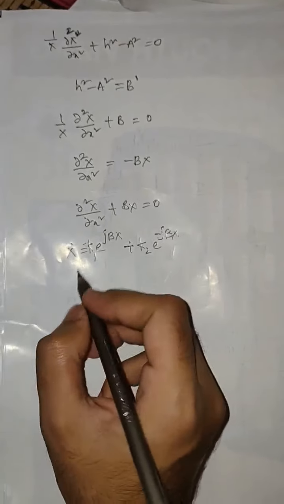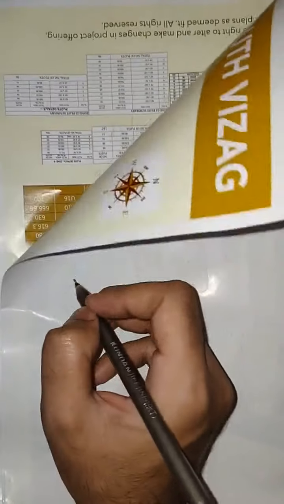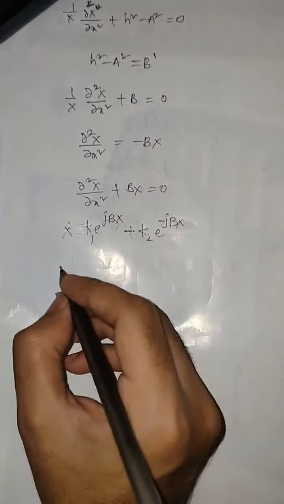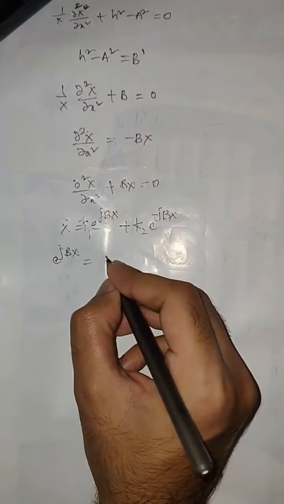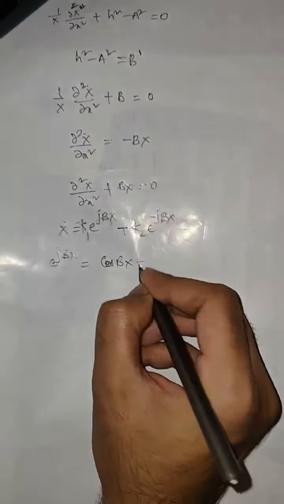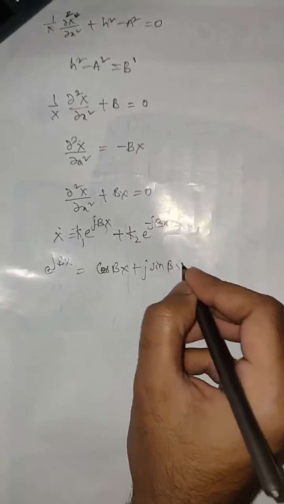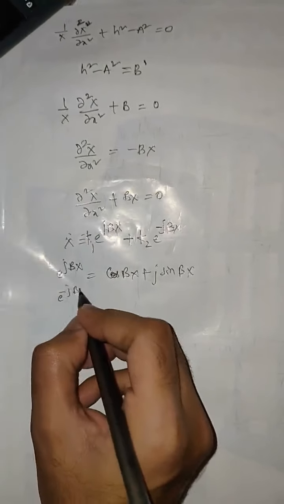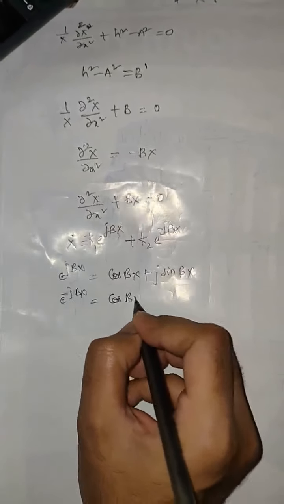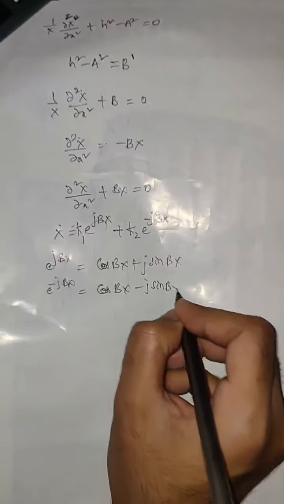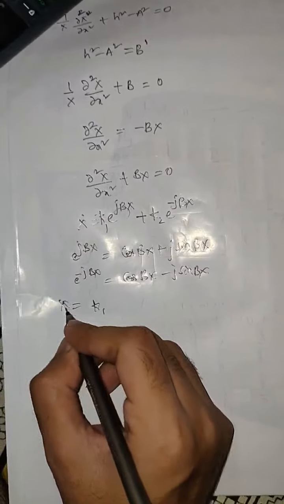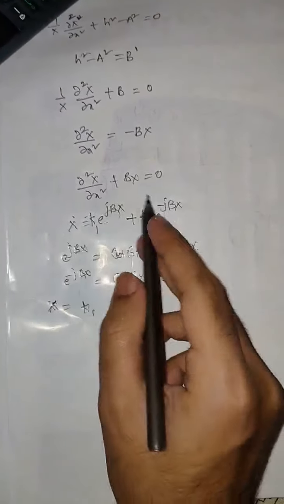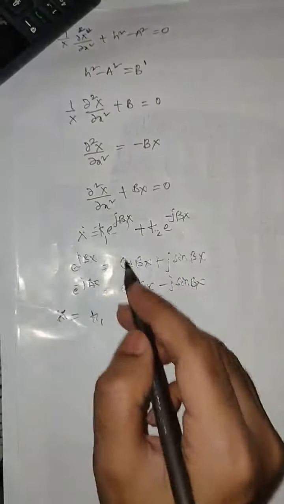So here we have two coefficients, k1 and k2. So e power of jbx can be written in terms of cos and sin as cos bx plus j sin bx. Similarly, e power of minus jbx can be written as cos bx minus j sin bx. So now X is a solution of this particular homogeneous second order differential equation.